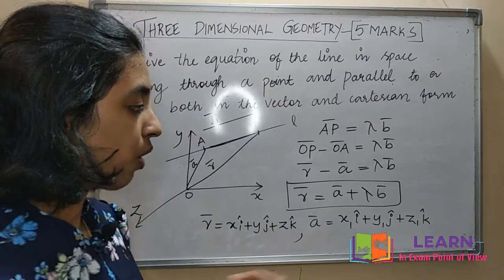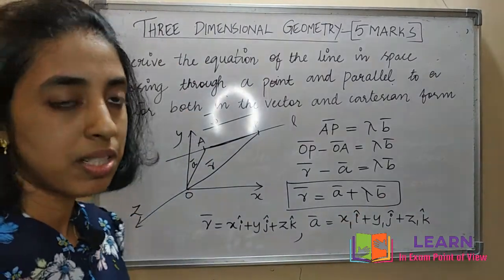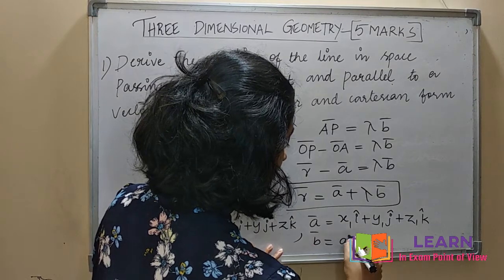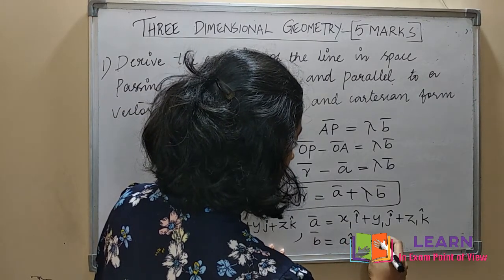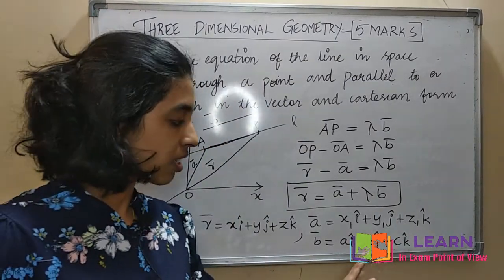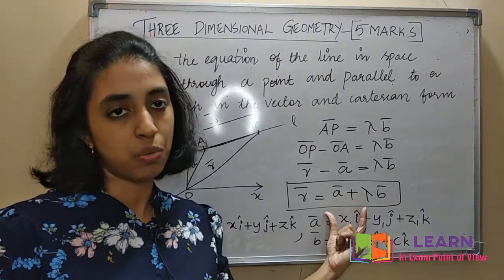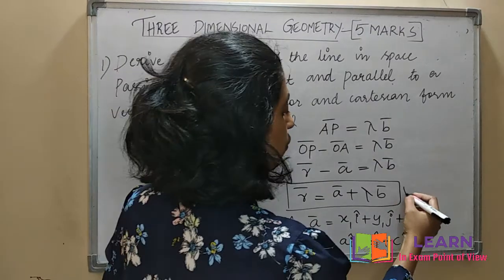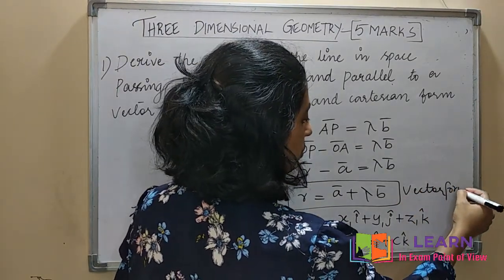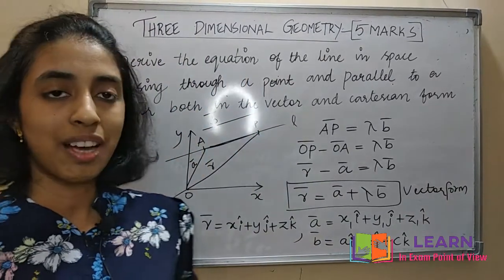Now, finally B. What will you assign? B vector you can assign as ai plus bj plus ck. Fine. These three assignments you can put in this equation. This is the vector form. Now we are going to find the Cartesian form. Okay. Fine.